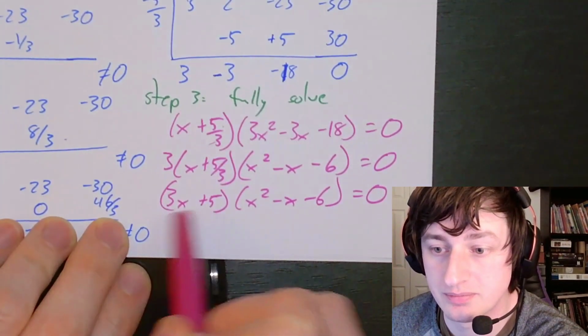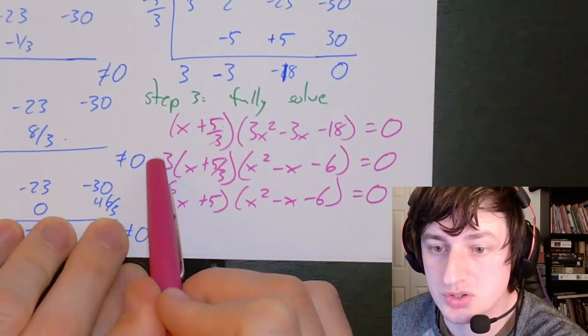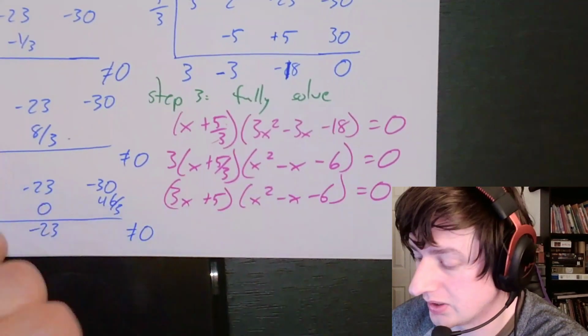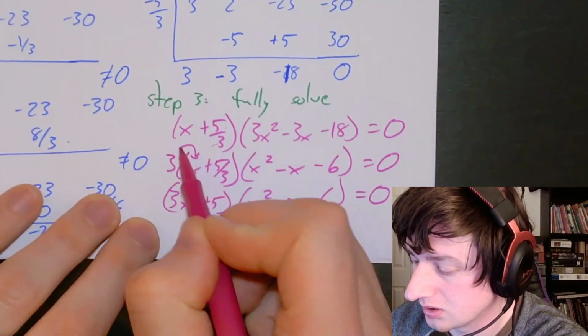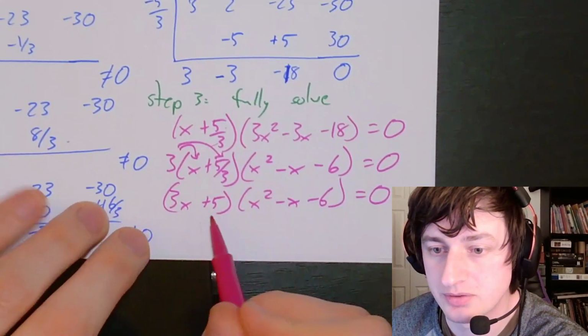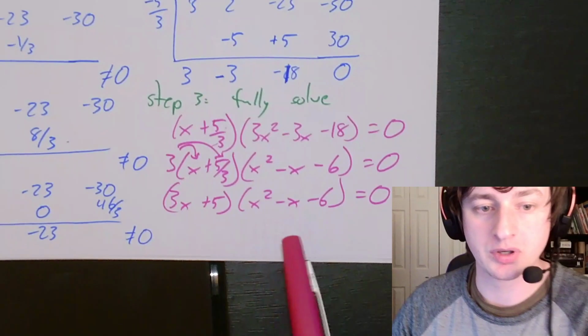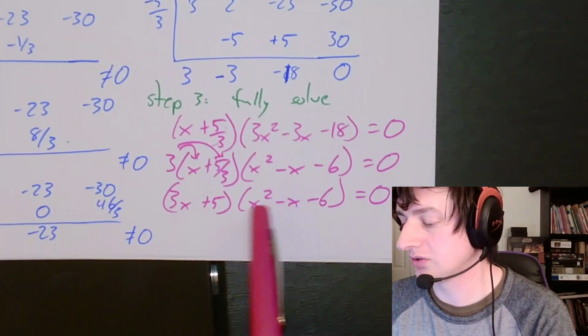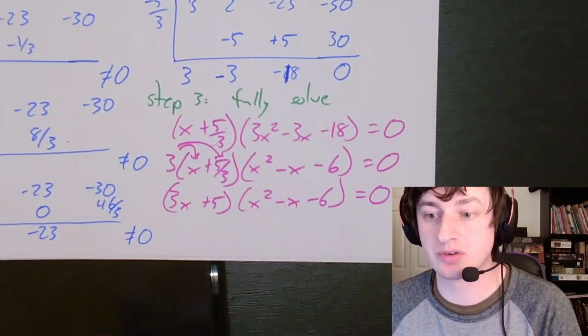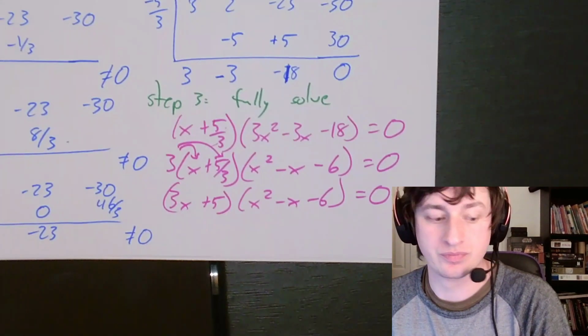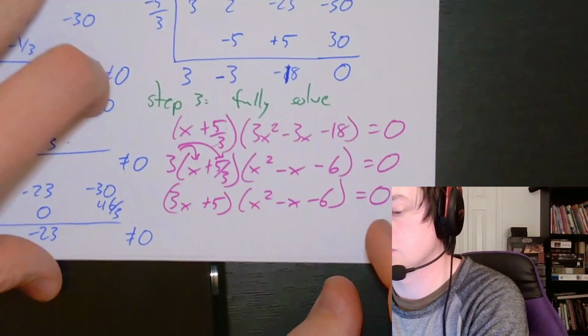They're easier to look at. They're prettier. And so we just distributed the 3. We multiplied it times the x, and we multiplied it times the 5/3 to get 5. Okay? I'm out of space, so I'm going to need to move this to another paper. But we need to fully factor this to find all 3 of our solutions.